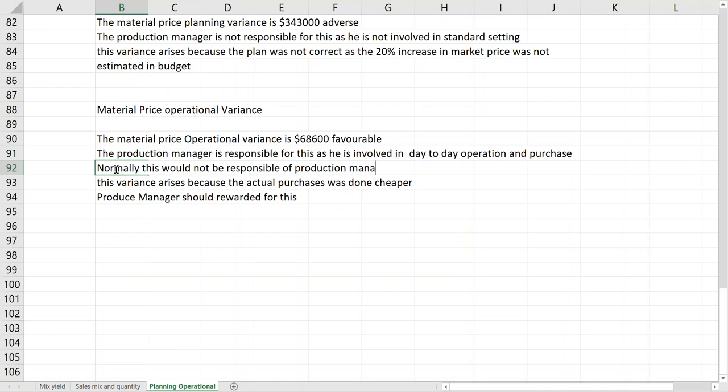Whose responsibility would it be? They might have a purchase manager, procurement or purchasing and logistics manager, or whatever it is called. But in this question, it specifically says so, so it's better to write that.